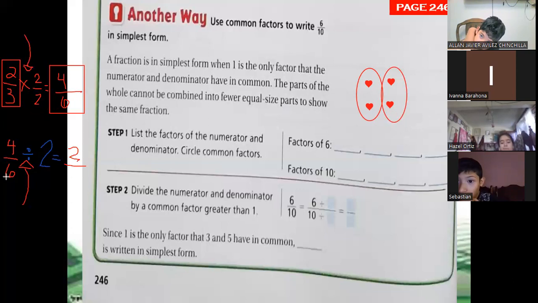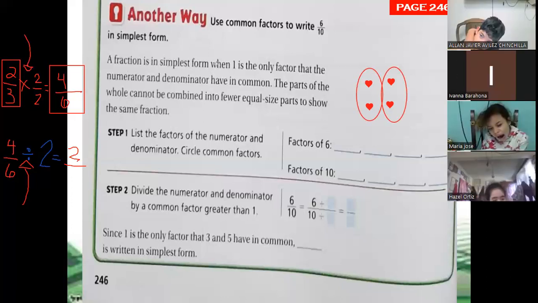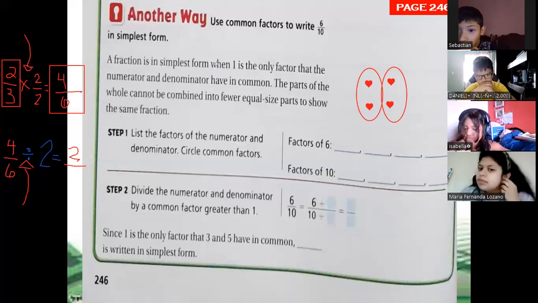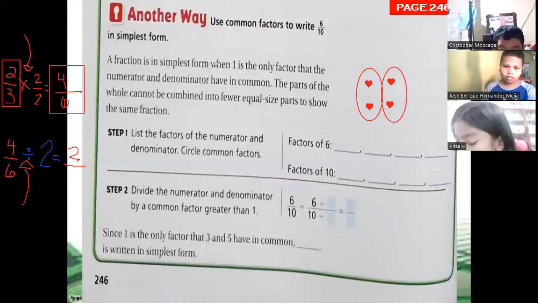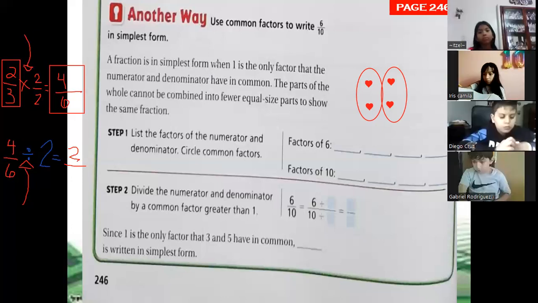So 6 divided by 2 is not 2. You have to make 2 groups with 6 hearts. How many hearts in each group? 2 hearts in each group equals how many in total? 4. I don't have 6. So the answer is not 2.